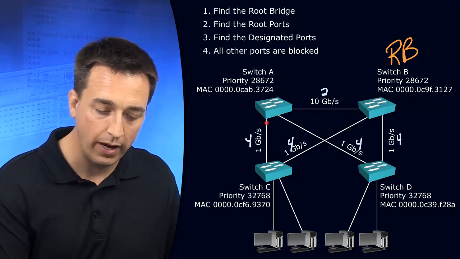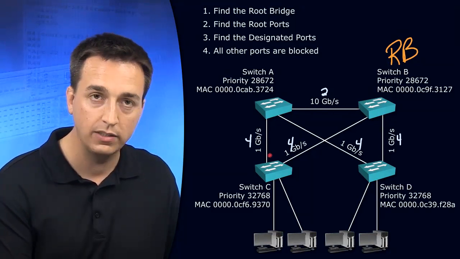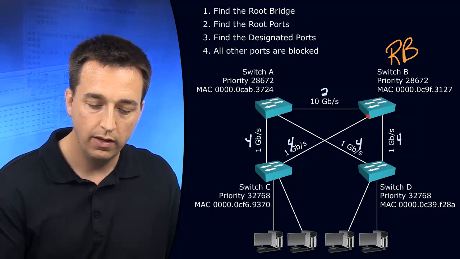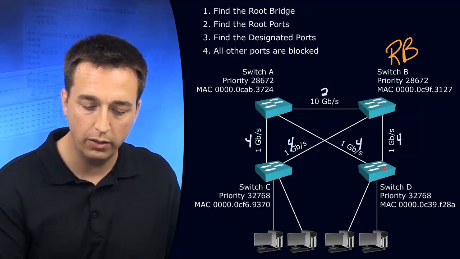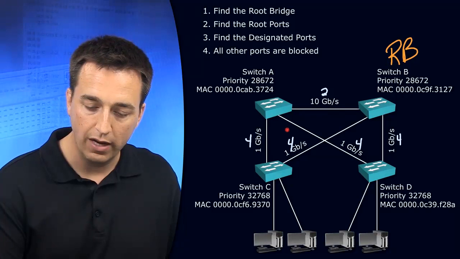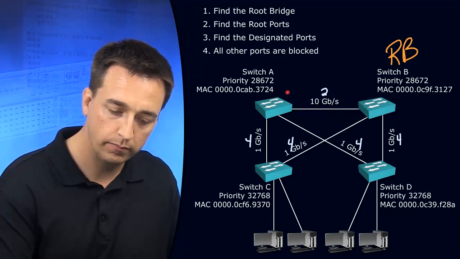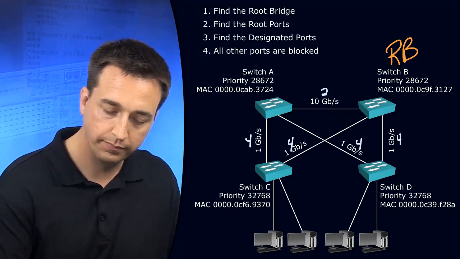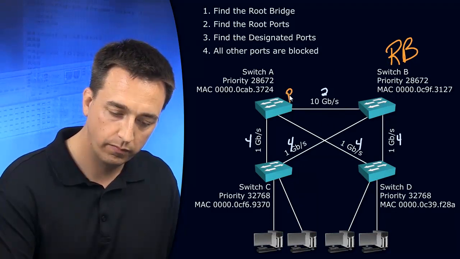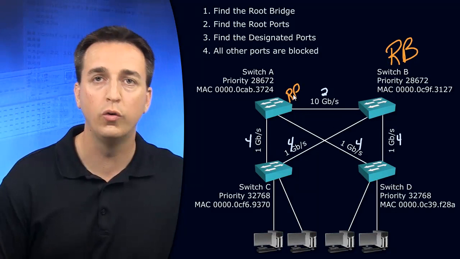If we go this way, we're dealing with a cost of 8. And if we go this way, we're dealing with a cost of 8. So definitely this is our root port.